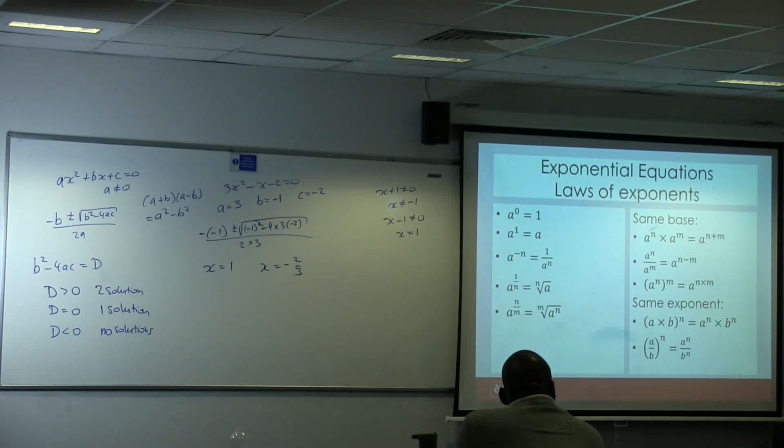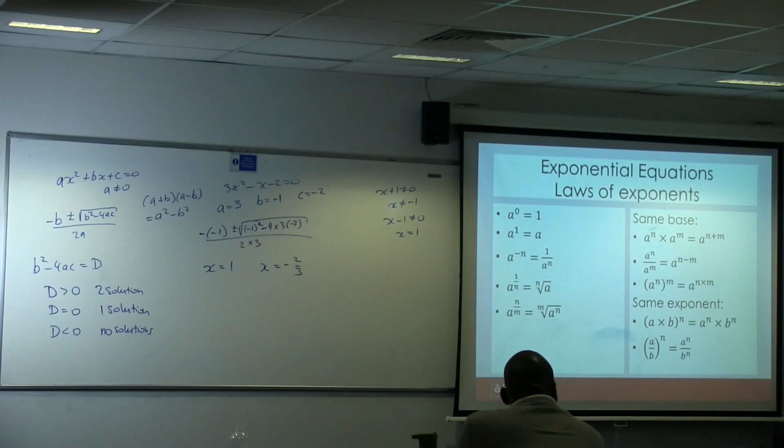A to the 1, now that's a bit more logical, because the power basically means how many times I need to multiply the base together by itself to get to the answer. So something multiplied by itself once, it's itself. The negative power is just the 1 over the positive power equivalent.